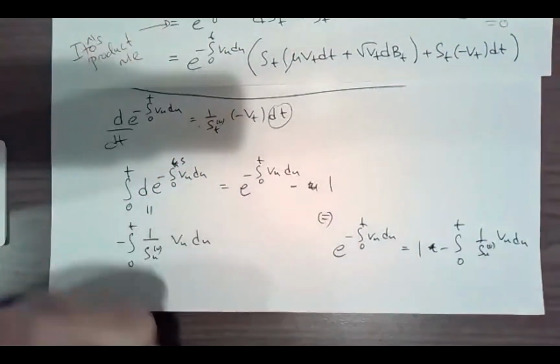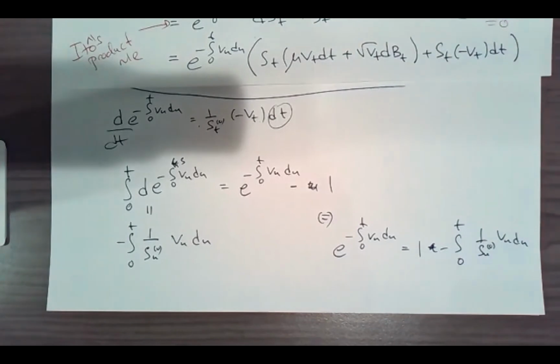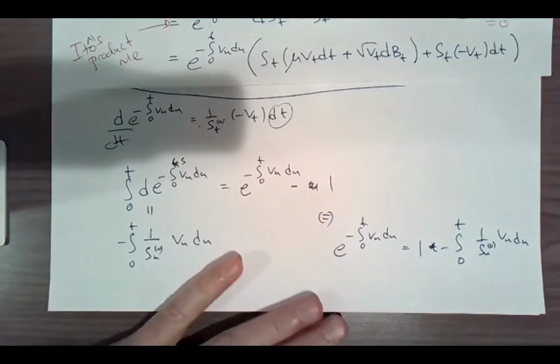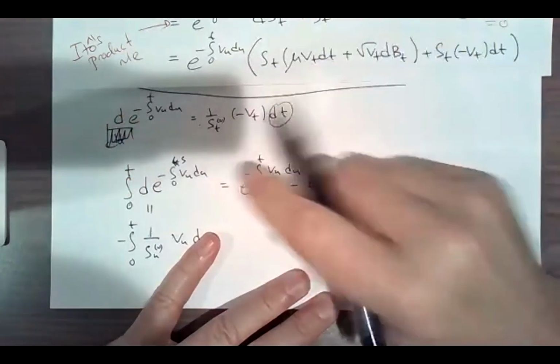And now you can take a derivative. Hold on. Let me get all this down. I'm still a bit lost. So we went from the first equation to the second one.